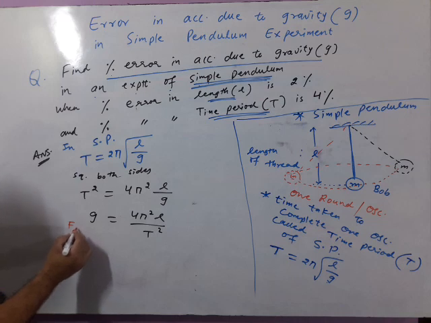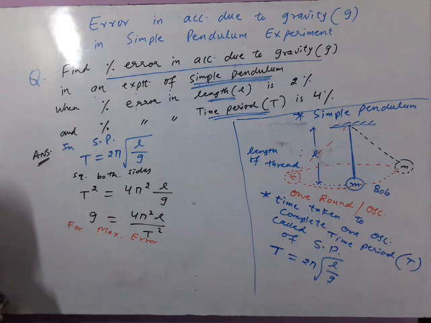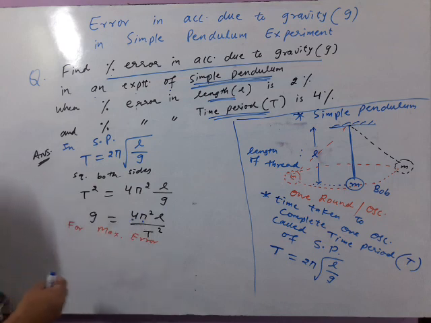Now remember the percentage error technique for maximum error. Point number 1, ignore the constants 4 pi square. No error in 4 pi square. Ignore them. Then apply the technique.